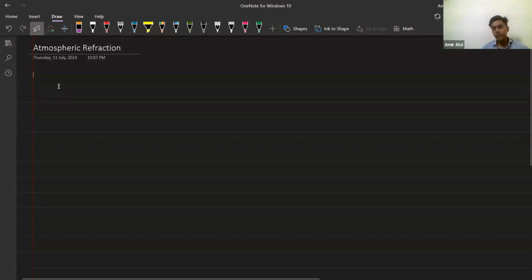Okay. So now the next topic that we are going to study is atmospheric refraction. This topic is basically not mentioned in the CBSE syllabus, but it is considered a real life application, so that's why I'm teaching you this topic. If this topic is there in your syllabus, that is well and good.